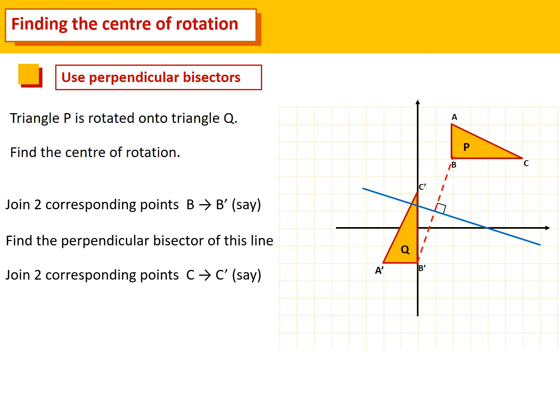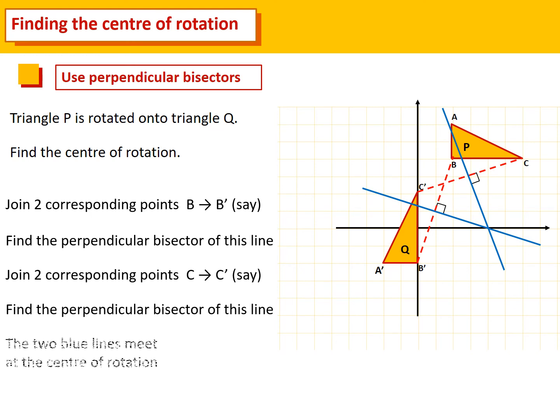Then we join two more corresponding points, C to C dash, find the middle of that line and draw a line at 90 degrees to it. And there it is. And once again, the center of rotation is where the two blue lines meet. And that center of rotation is the point 4, 0.